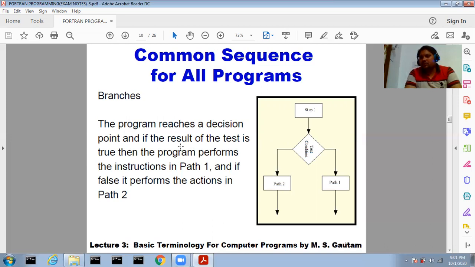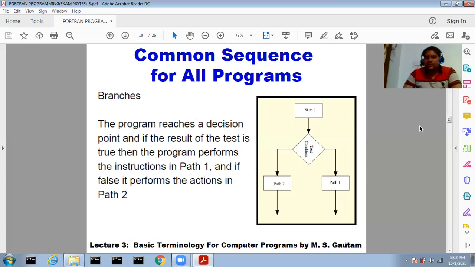If condition is true, then the program has to follow the first path. If condition is false, then the program has to follow the second path. So whenever there is a decision in the program, after the result of the decision, the program sequence will follow either the first path or the second path. Branches is a kind of structure which is common to all types of program.